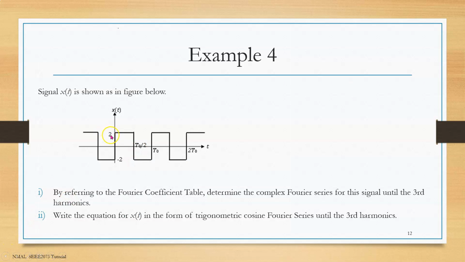From here, we do the question, and we notice that x naught is 2, and T naught is T naught. C naught equals 0 when n equals 0, and Cn equals negative j 2 x naught over pi n when n is not equal to 0 and n is an odd number.